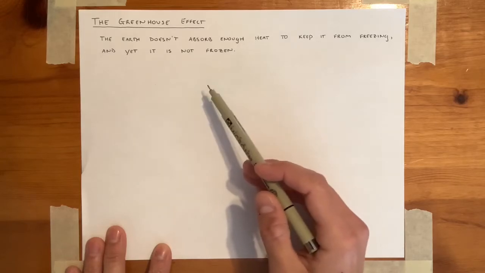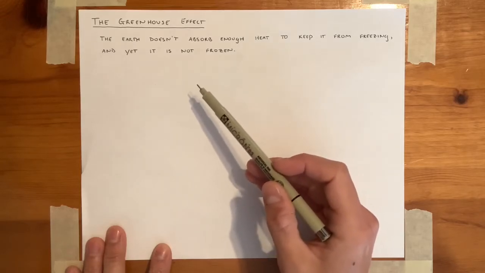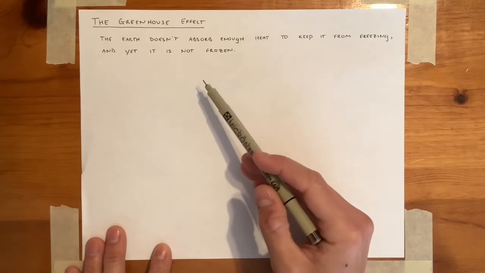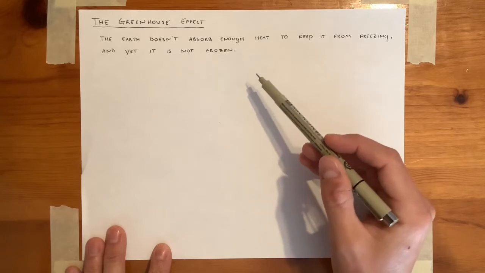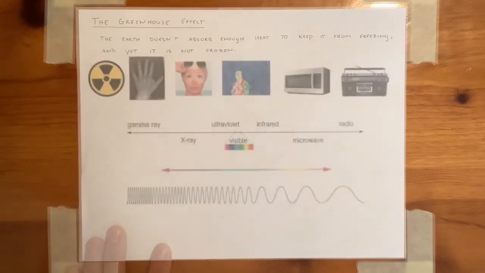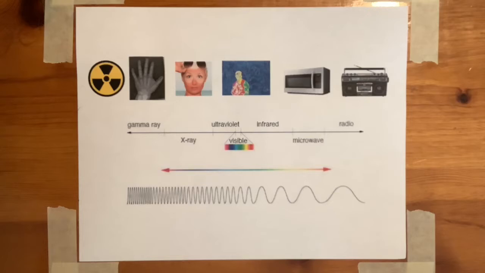So it's very important. And to first understand the greenhouse effect, we're going to have to learn a little bit more about the energy that's coming out of the sun. Okay, so all energy in the universe is characterized by a spectrum.